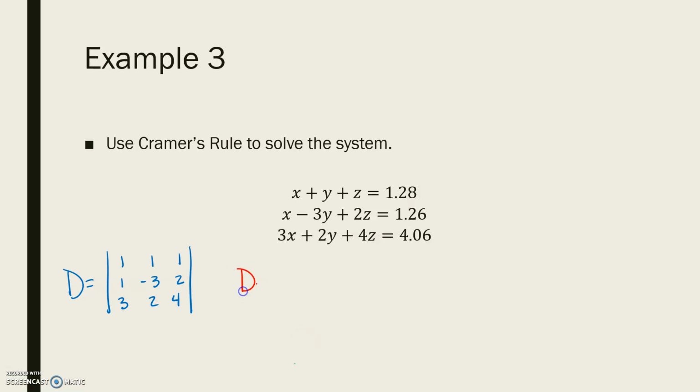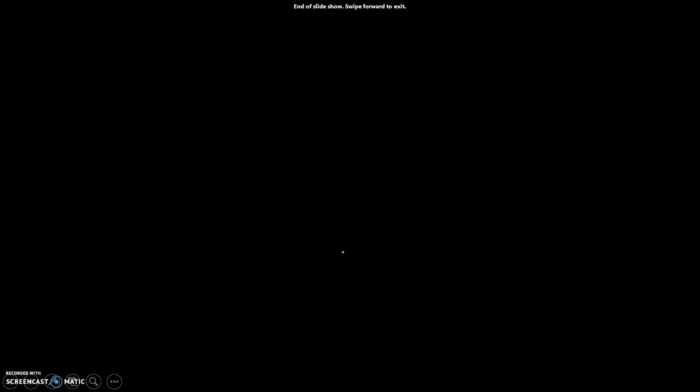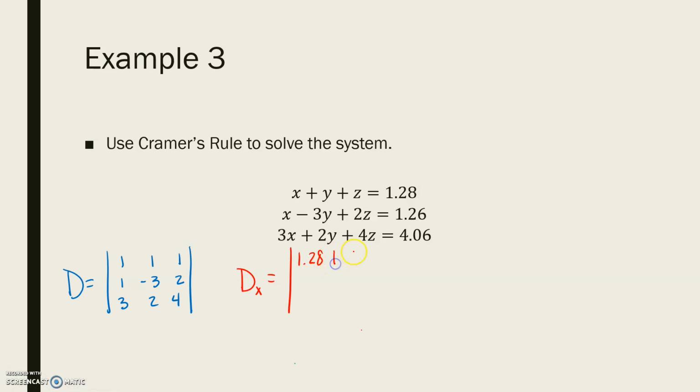Next, for x, I'm going to replace the x column with these numbers. It should be 1.26. And then 4.06, 2, and 4.